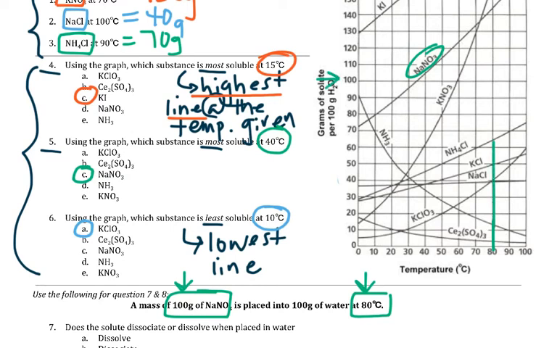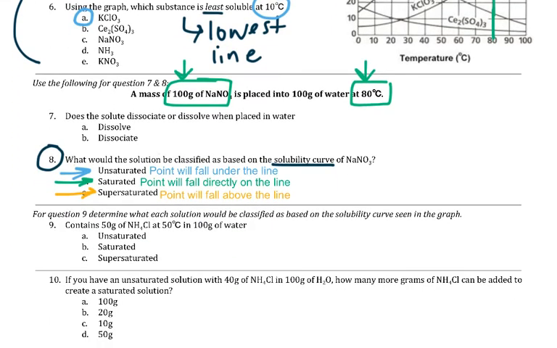Go ahead, take that line up and find the point on your graph. If you notice, here's the solubility curve for the sodium nitrate, and our point is actually under that solubility curve.